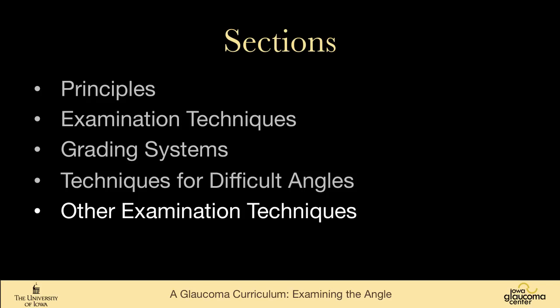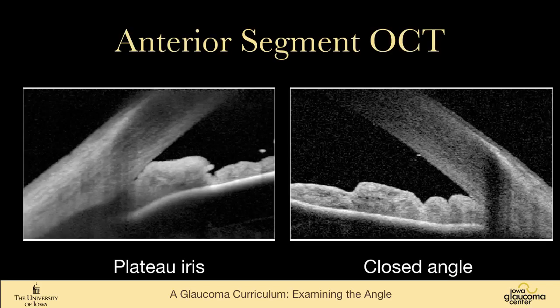Other exam techniques. Gonioscopy is not the only way of looking at the angle. One can use anterior segment OCT, and these techniques are developing over time. You can see plateau iris syndrome here with this steep drop-off in the far periphery, or a closed angle here.